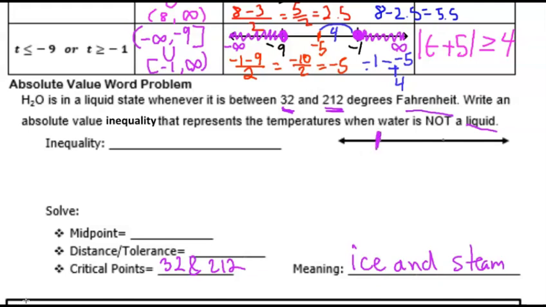So we could go ahead and draw that on our number line. We have 32 and we have 212. It says when it's not a liquid, so we're going to shade the outside. So we have ice right here, we have water, and then we have steam.